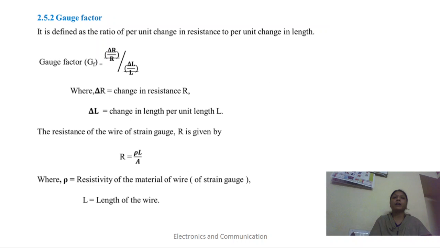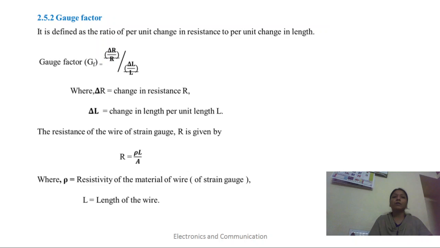Change in resistance is delta R by R, change in length is delta L by L. So delta R by R divided by delta L by L is the gauge factor, where delta R is the change in resistance R and delta L is the change in length per unit length L.